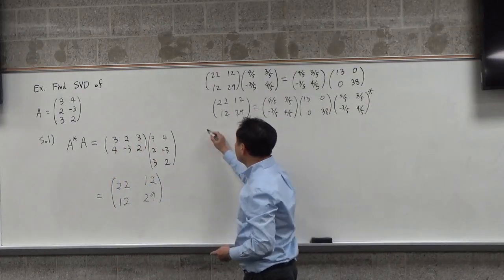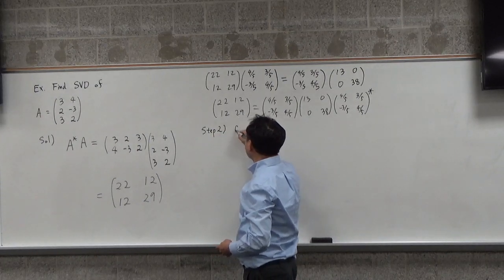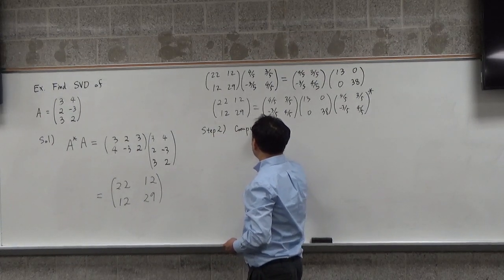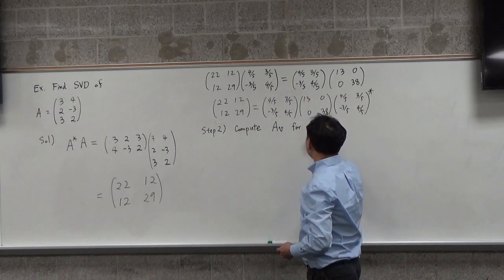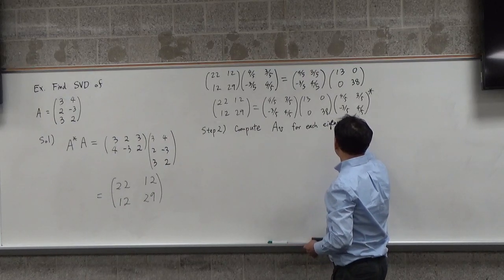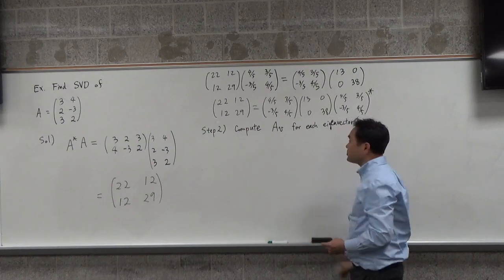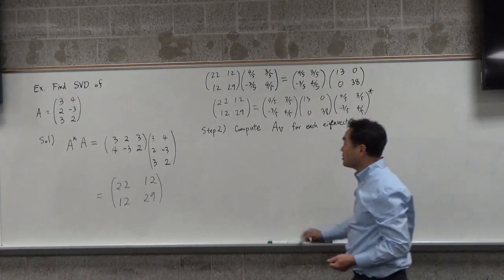So step 2, compute A times v for each eigenvector v. Okay. So let's do that.